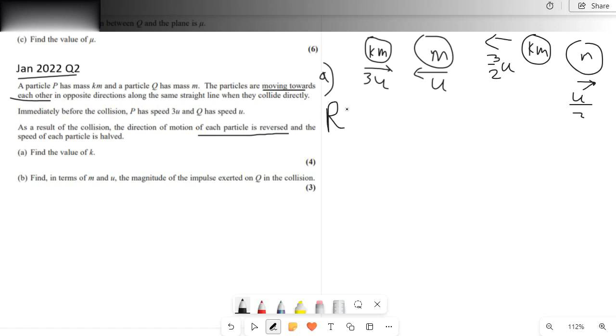And we can resolve towards the right and use the conservation of momentum. P before is equal to P after.